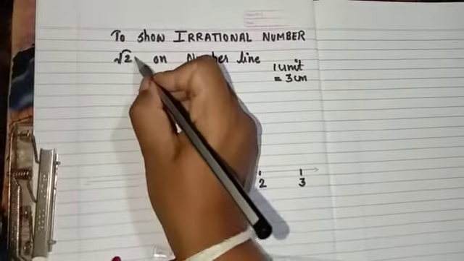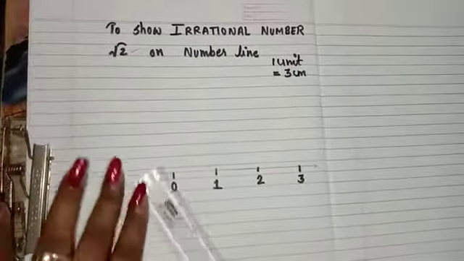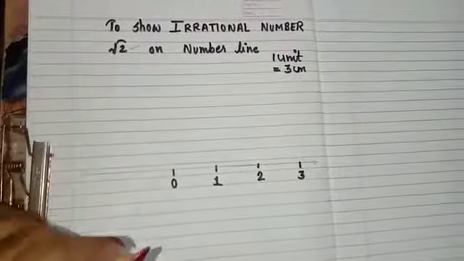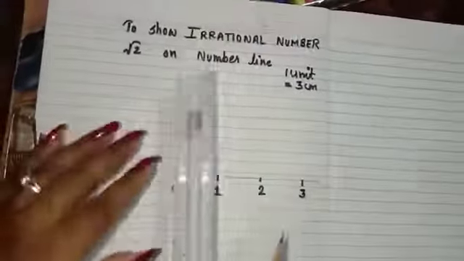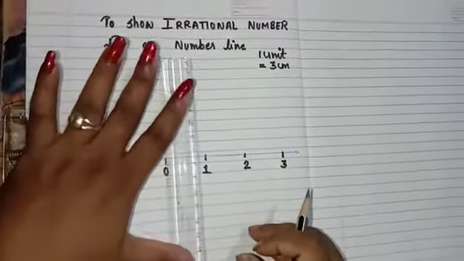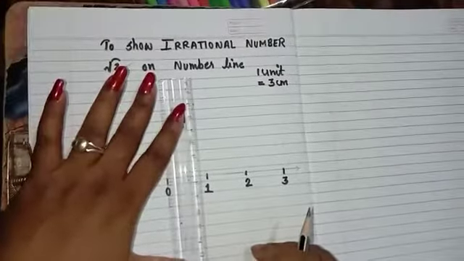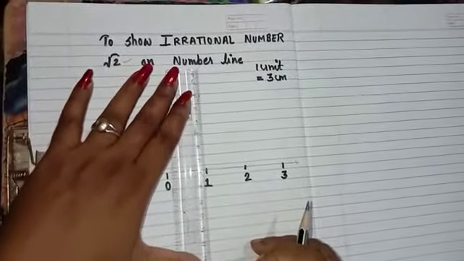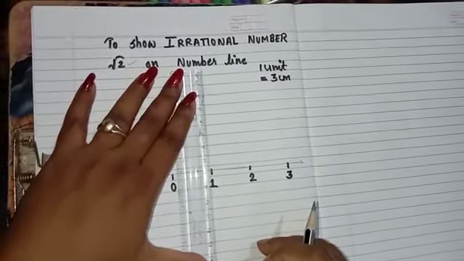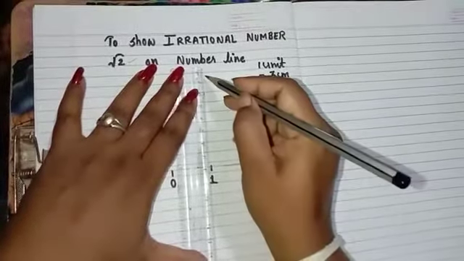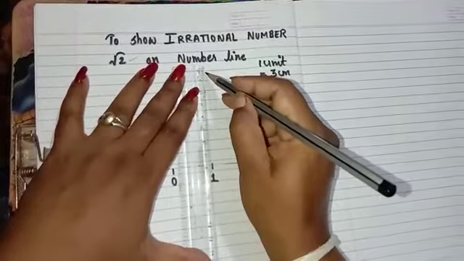We have to represent root 2, so for that we will take the ruler and draw the perpendicular. We can draw the perpendicular with the help of a compass, but now I am going to draw it with the ruler and pencil only. One straight line at a 90-degree angle from 1.